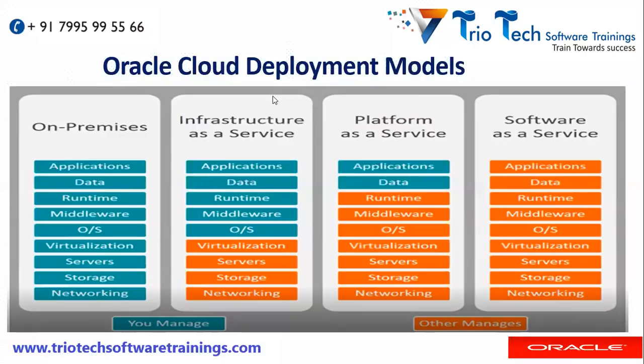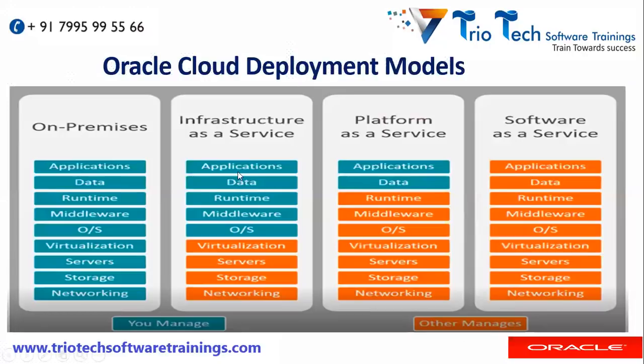Then when we go one phase prior to the cloud, if we want to have all the management done on the premise, we can opt also for infrastructure as a service.